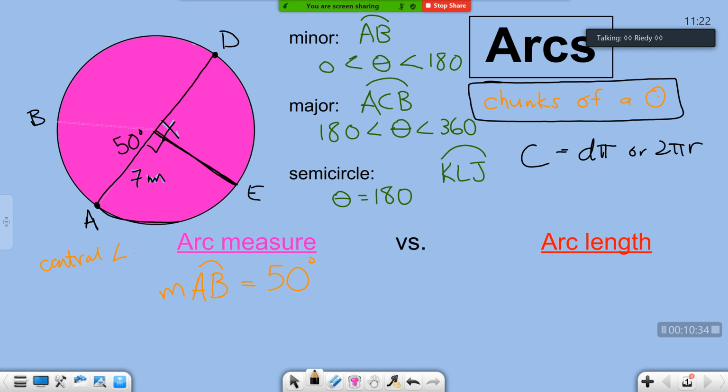Could you find this distance? Yeah. How? You'd find the semicircle circumference and then take half of it. Good. So you're taking half of the circle and then half of the circle again, also known as a quarter of the circle.